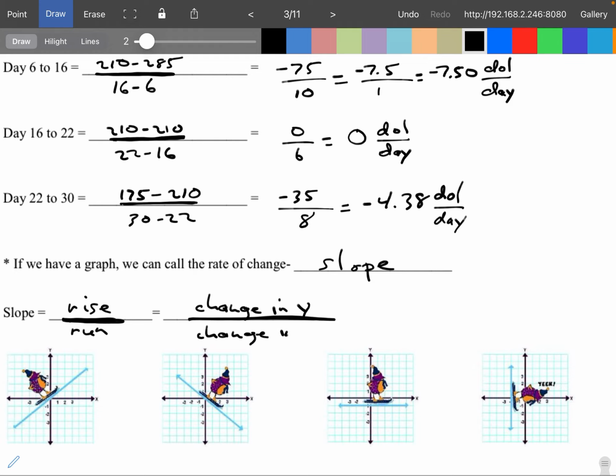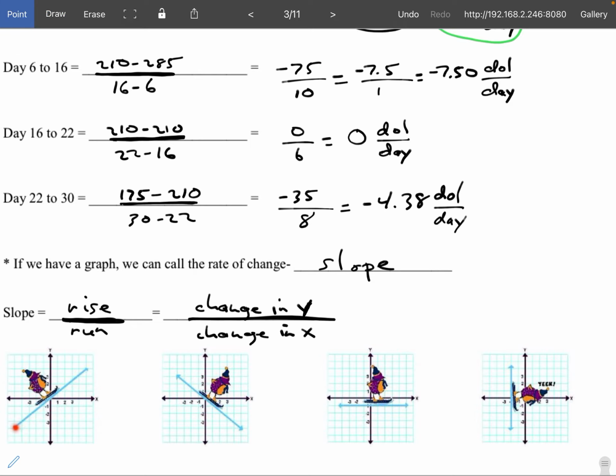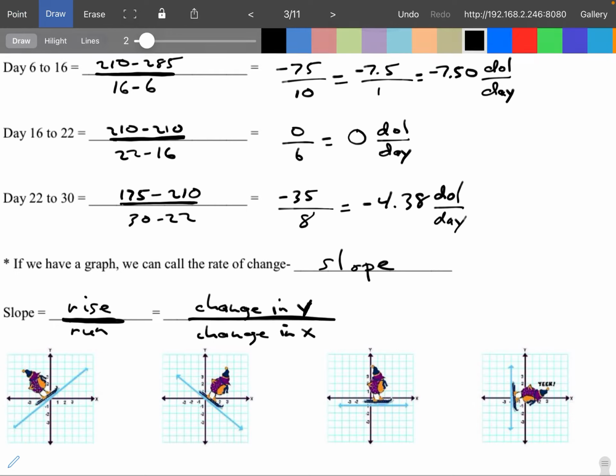So it's the rise over the run. And up above, I already said that it's the change in y divided by the change in x. And that'll tell you how fast the y value is changing with respect to a 1 unit change in x.